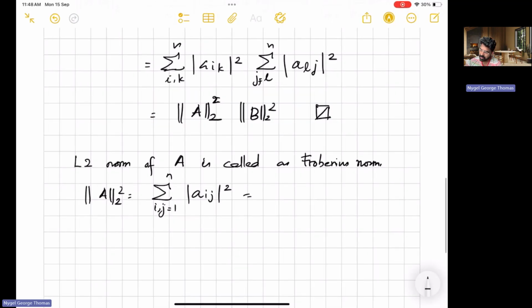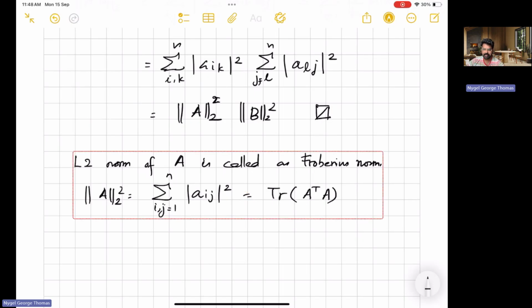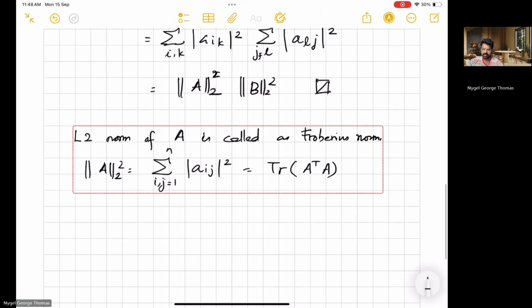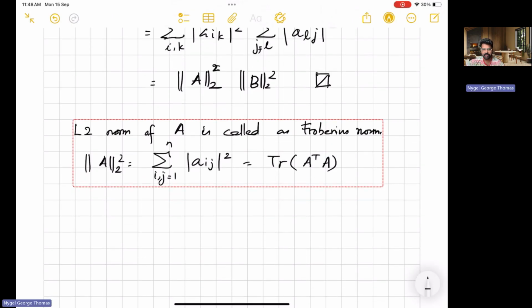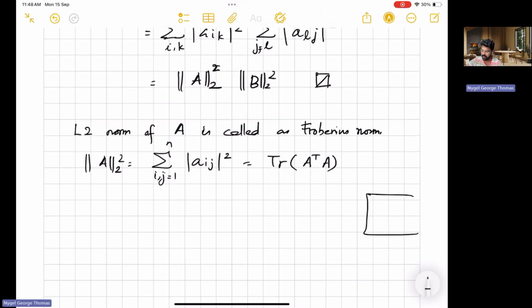Turns out that this is also equal to the trace of A transpose A. You basically take A transpose A and you take the trace of it, trace being the sum of all the diagonal elements, right? You add all the diagonal elements together.